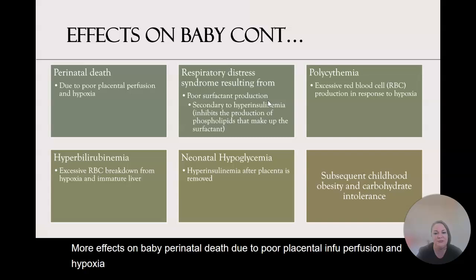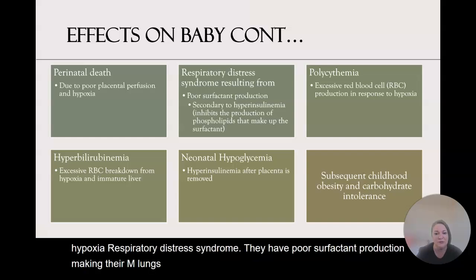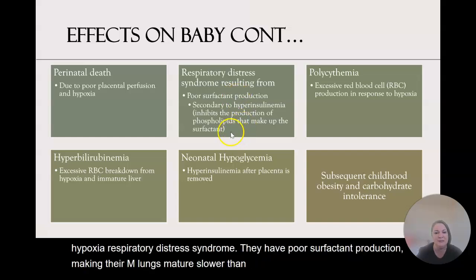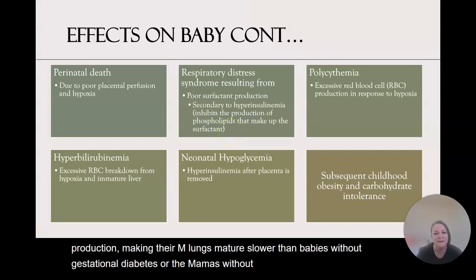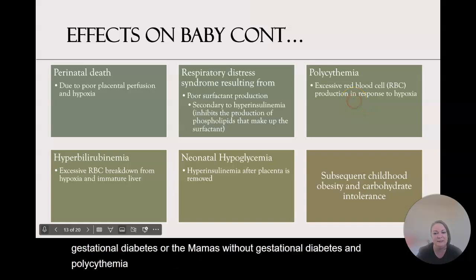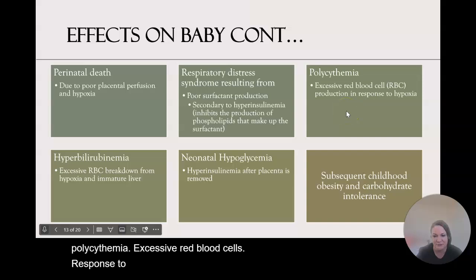Respiratory distress syndrome. They have poor surfactant production, making their lungs mature slower than babies of mamas without gestational diabetes. And polycythemia, excessive red blood cells in response to hypoxia. So babies aren't getting enough oxygen through the placenta.